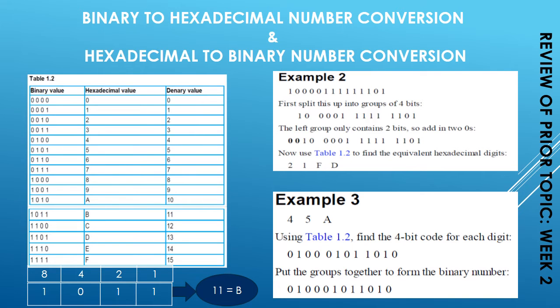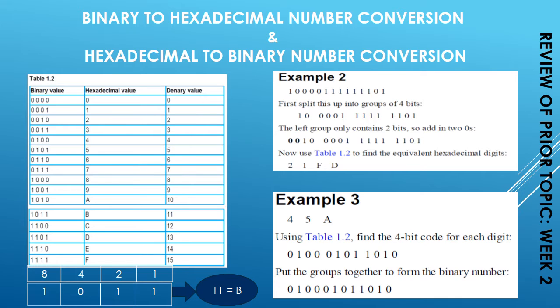In week 2, when we were converting a given binary number into the equivalent hexadecimal number or a hexadecimal number into the equivalent binary number, we used table 1.2. Now let's take a quick glance at example 2 to convert a given binary number into the equivalent hexadecimal number.